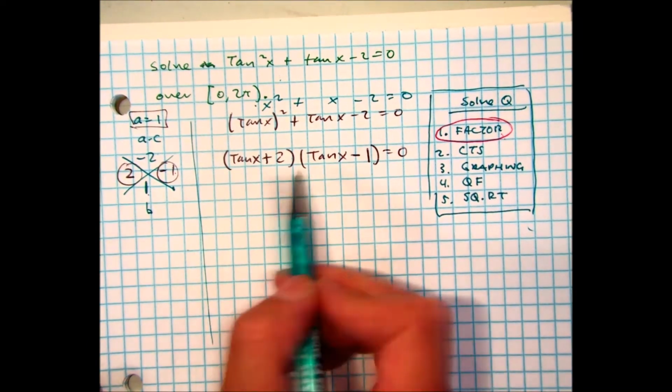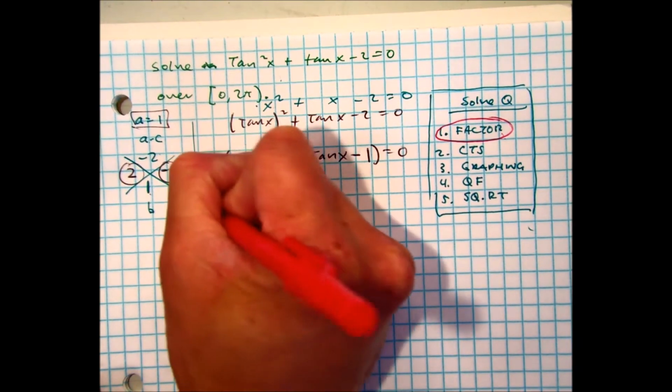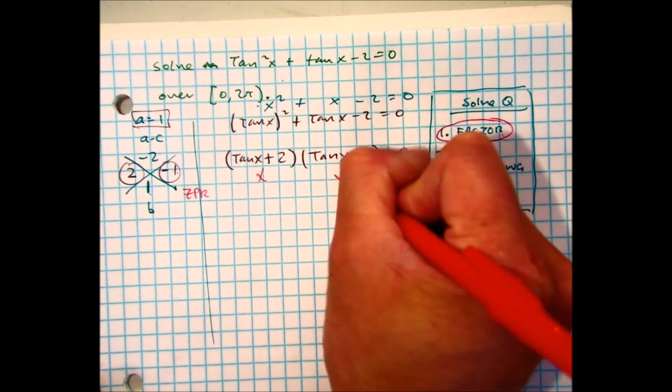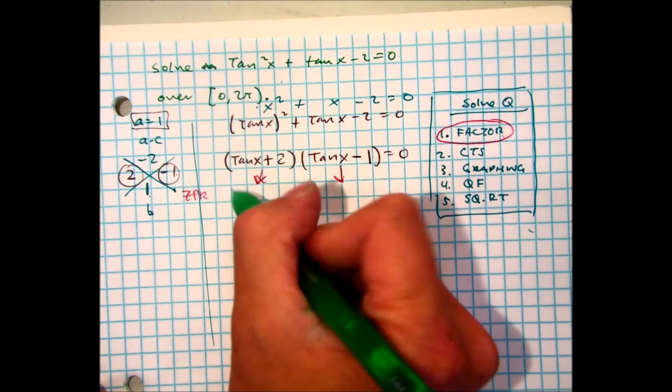Alright, so I have two factors now and they're set equal to 0. I can apply the zero product rule. Let's make two equations set equal to 0. What do I write here?